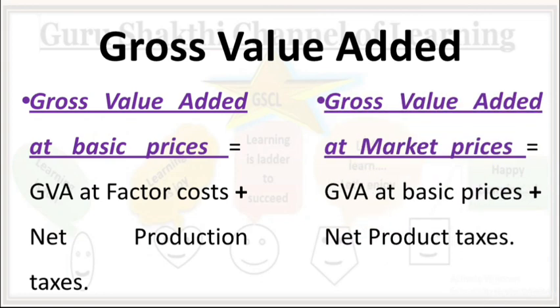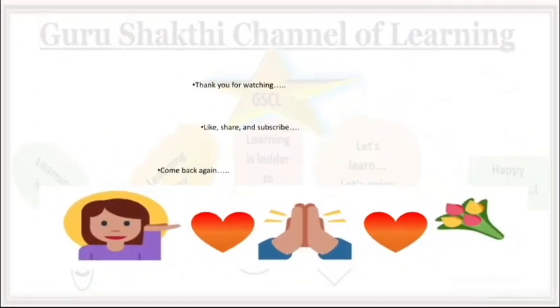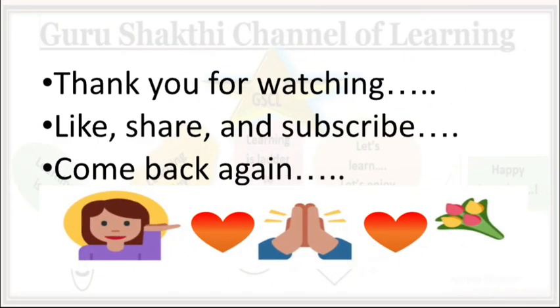And gross value added at market price could be calculated using the gross value added at basic price plus net product taxes. Summation of gross value added at market prices of all the firms in an economy provides us the gross domestic product at market prices.